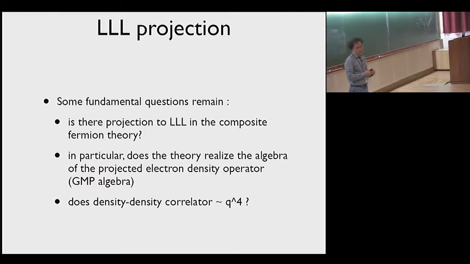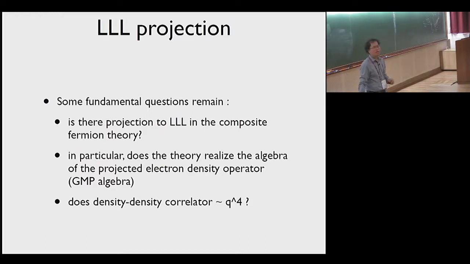The non-trivial thing about the quantum Hall effect is that everything can be written in terms of the states on the single Landau level, not the full Hilbert space. It's just a single Landau level. And how does this composite fermion know that we have taken the projection to the lowest Landau level?